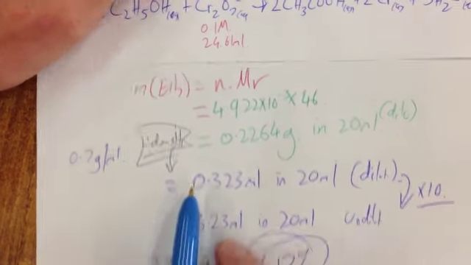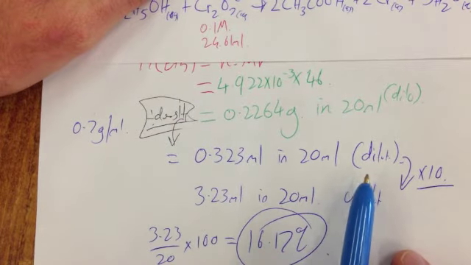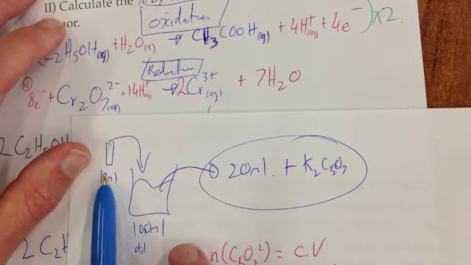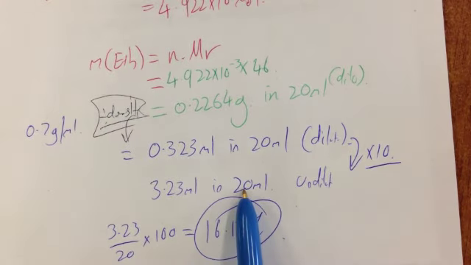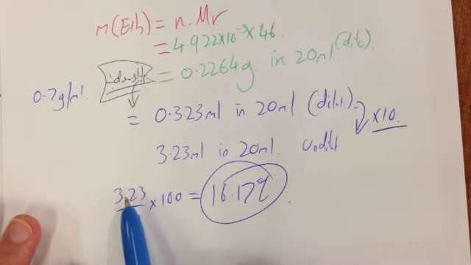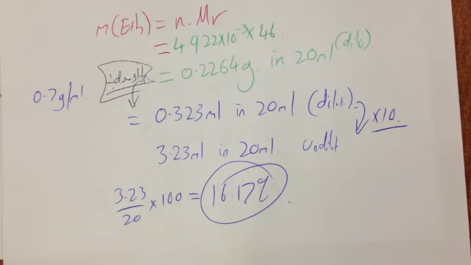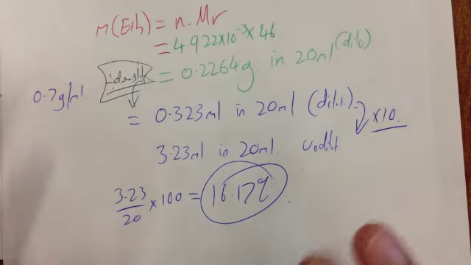And therefore you get our mils. We look at the dilution factor that we had. My dilution factor was a factor of 10. And therefore we can get how much is in our undiluted solution. From our undiluted solution, we get our percentage, and it found out that our percentage was approximately 16.17.